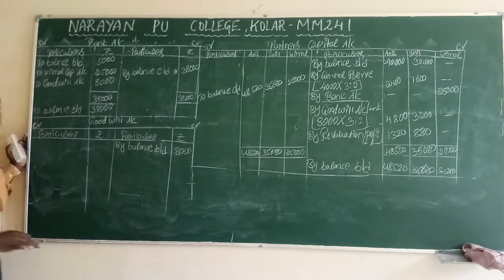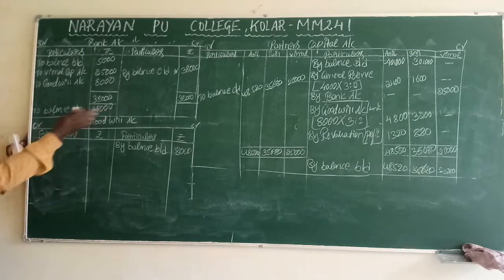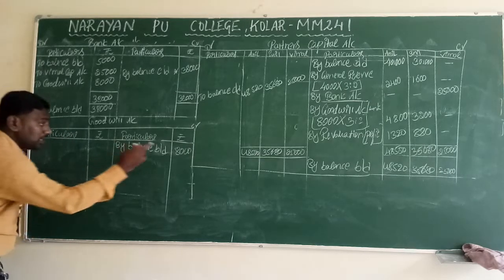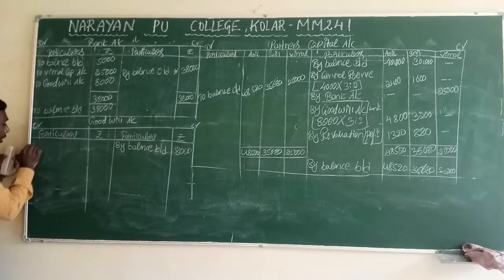This 8,000 we have to distribute among the partners. In the goodwill account, according to this question, we won't get balance carried down and balance brought down. Sometimes, when part is withdrawn, we get balance carried down and brought down also, but according to this question there is no need. So this 8,000, what do we have to do with it?